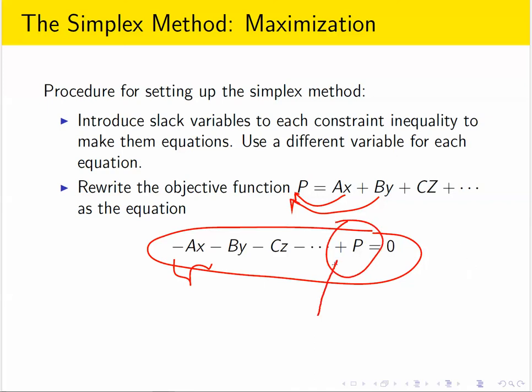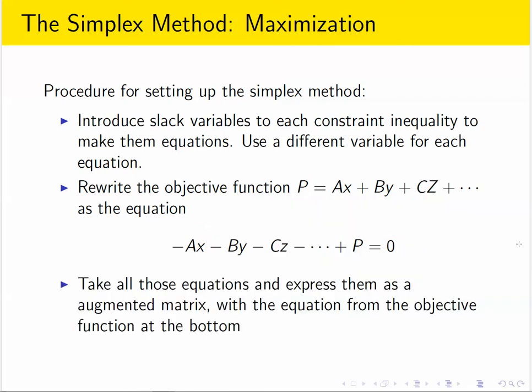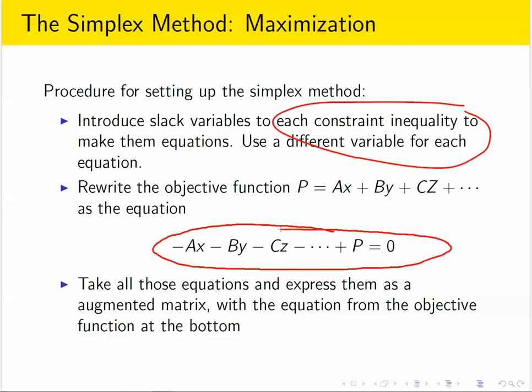And we want to make sure that that has a plus sign in front of it. So we move everything else to the other side and end up with an equation that looks like this. So then we'll take all of those equations, the equations that we got from the constraint inequalities by adding slack variables, and the equation that we get from rewriting the formula for the objective function. We take all of those equations and express that system of equations using a matrix.